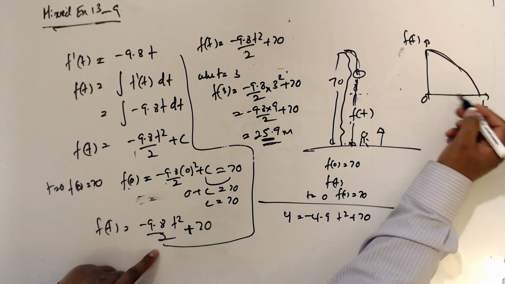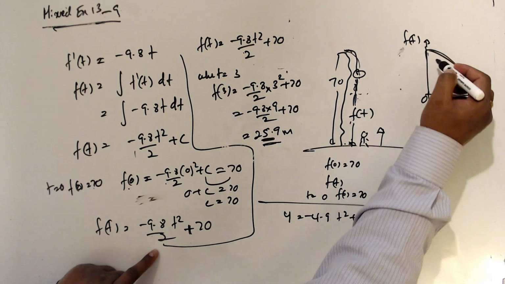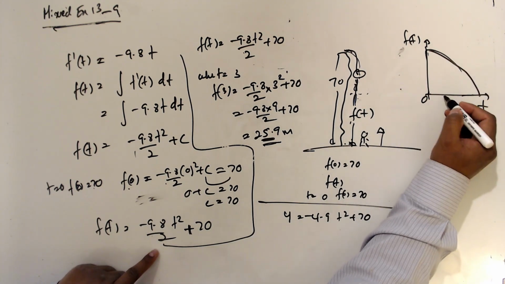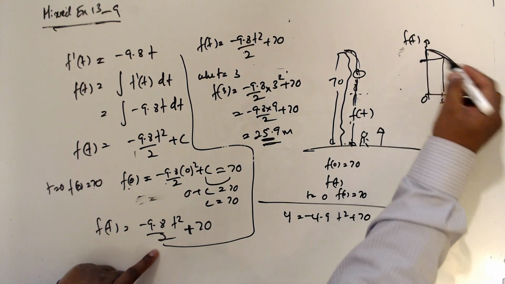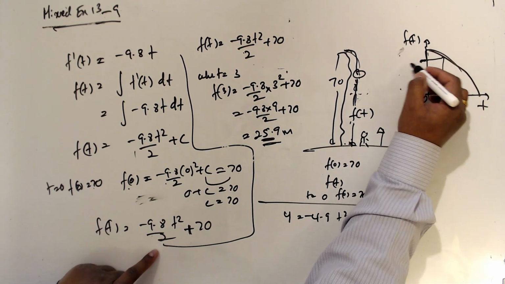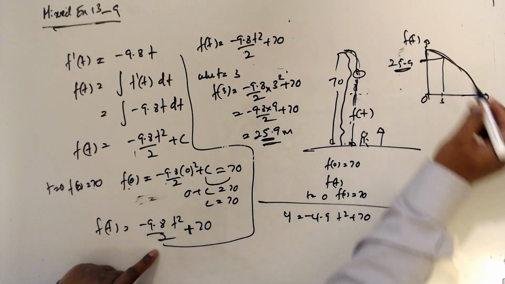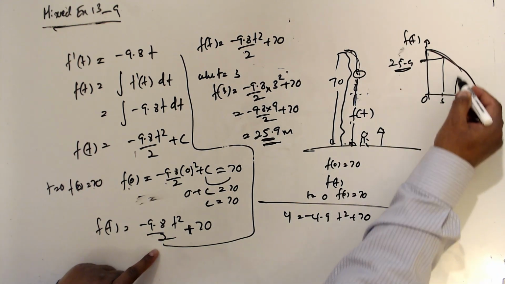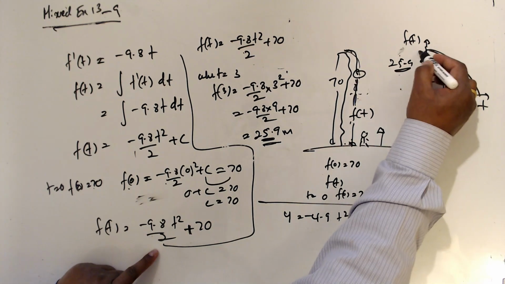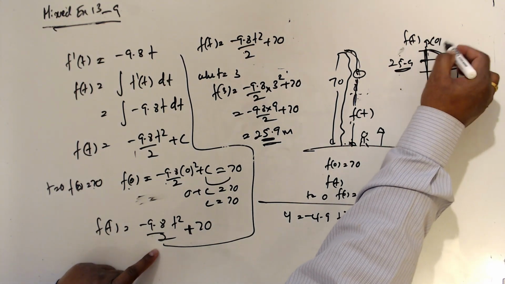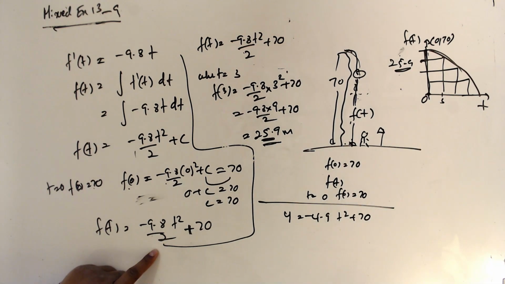So this is 0 and this is height. After 3 seconds, you can get this one, which is 25.9. Likewise, after 4 seconds you can find it. When t is 0, this value is 70, so the point is (0, 70).